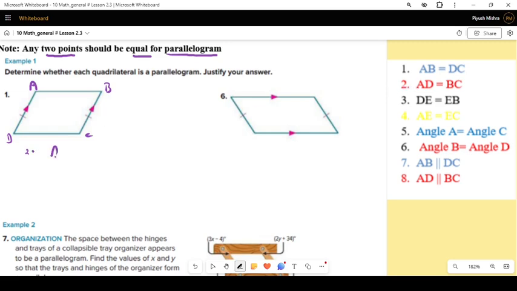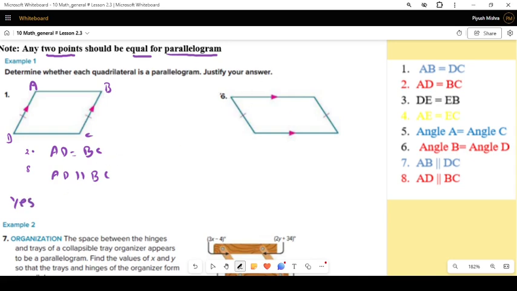The first thing is telling AD is equal to BC. And the second point, it is telling AD is parallel to BC. So where is AD parallel to BC? Here, the red one you can see. So point 8 is also matching, so I can write AD is parallel to BC. Now I want only two things because I have got two things, so I can say yes, it is a parallelogram.